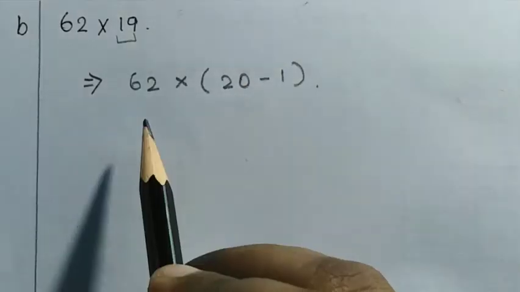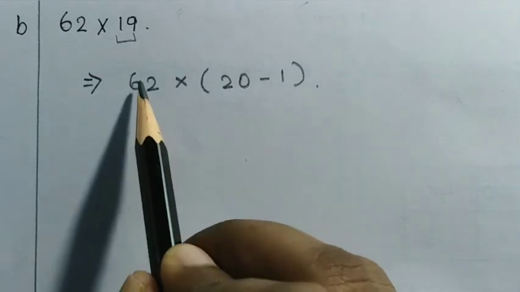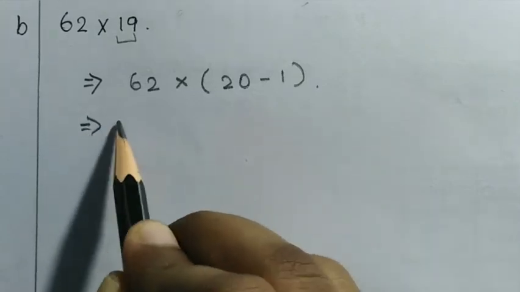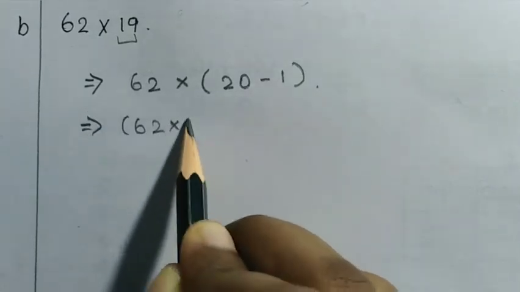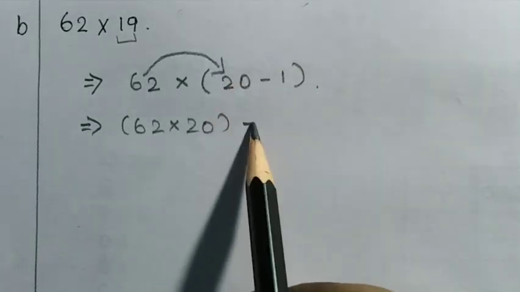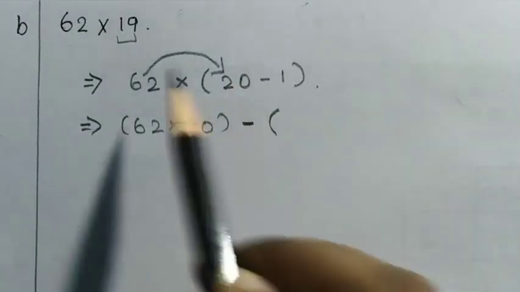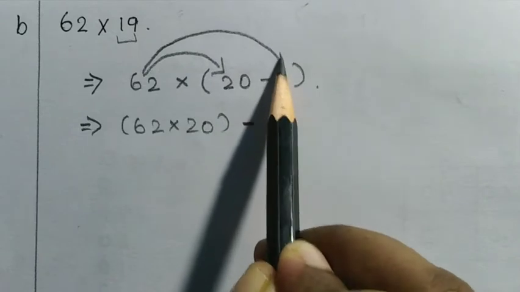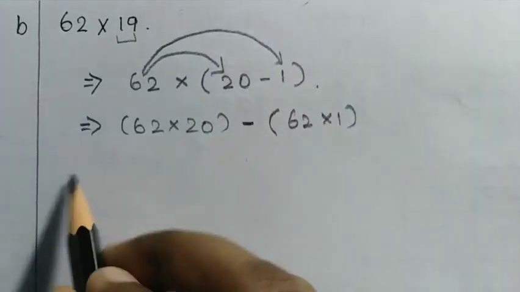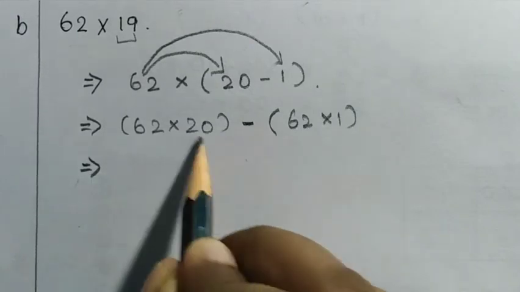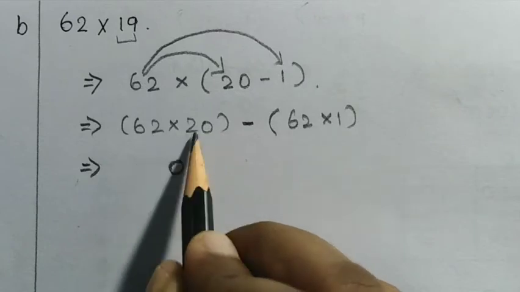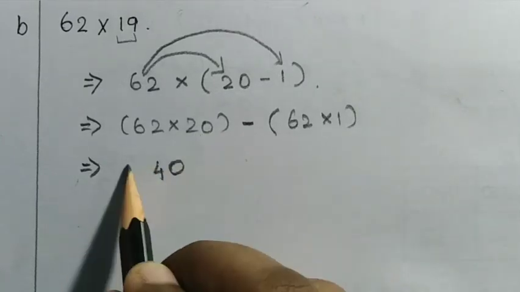Yes. Now what we will do? We will multiply 62 with 20. Put the minus symbol and then 62 will be multiplied with 1. 62 into 20. So first let us write 0 here. 2 2s are 4. 6 2s are 12.